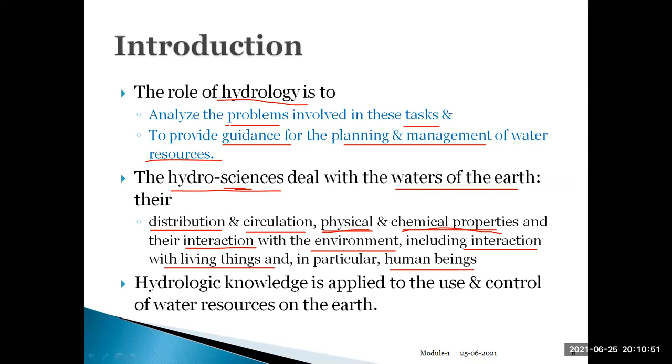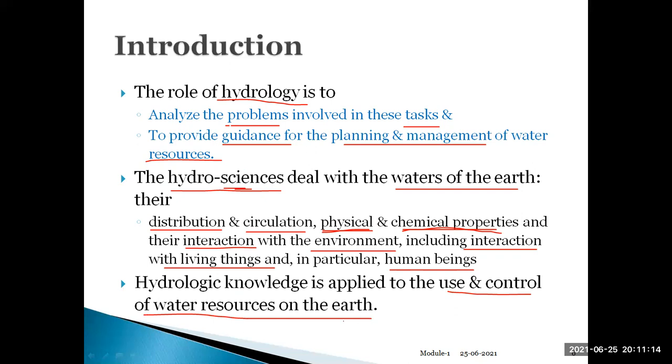So hydroscience is nothing but the distribution, circulation, properties, and interaction of water with the environment. And this hydrologic knowledge is applied to use and control water resources on the earth.